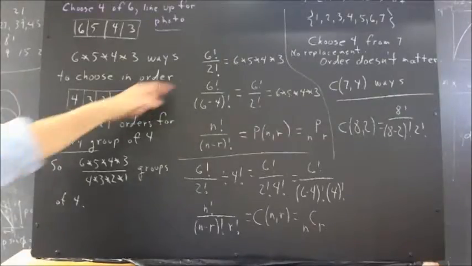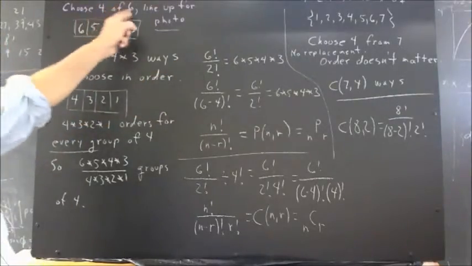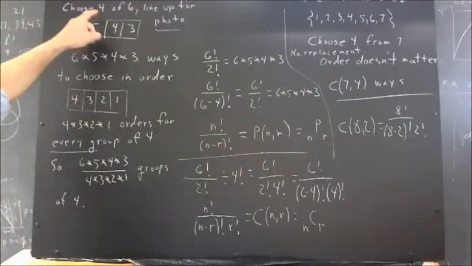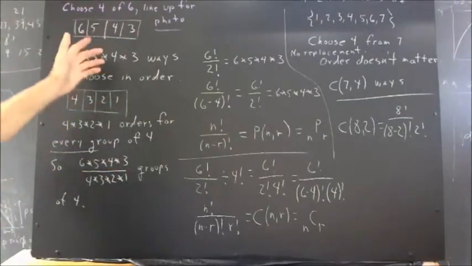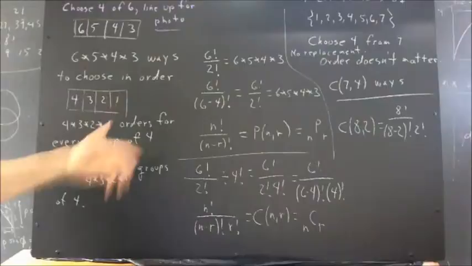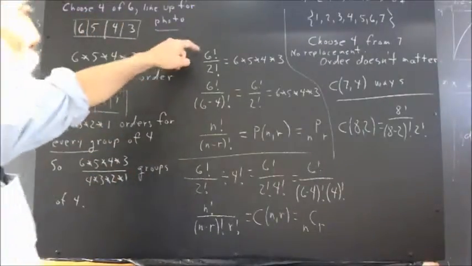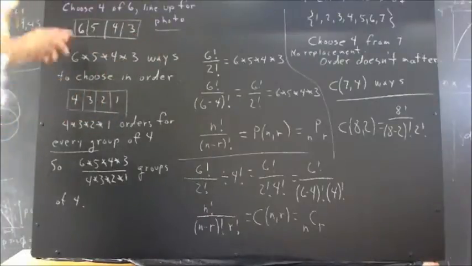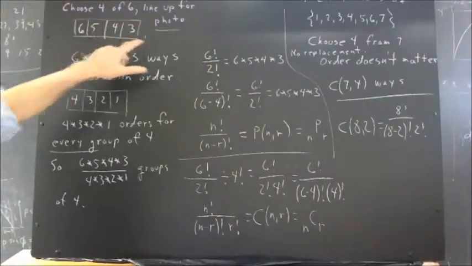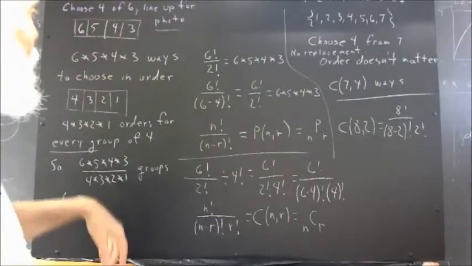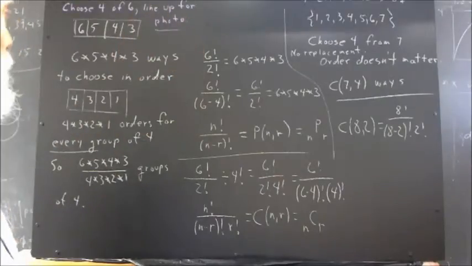But 2 isn't one of the numbers that was given in the problem. Okay, we were given the numbers 4 and 6. So how could we express this in factorials in terms of the numbers 4 and 6? Well, of course, 6 factorial, that's what we're going to start with. We're going to have to eliminate a couple numbers on the end.